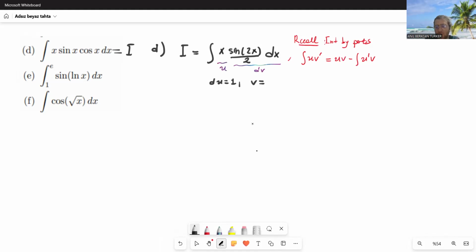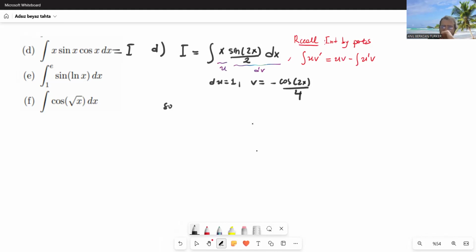V is just minus cosine 2x over 4. Because when you take the derivative of v with respect to x, you get minus again because of the cosine, and the derivative inside, which is 2. So you get the original thing. So it's correct.